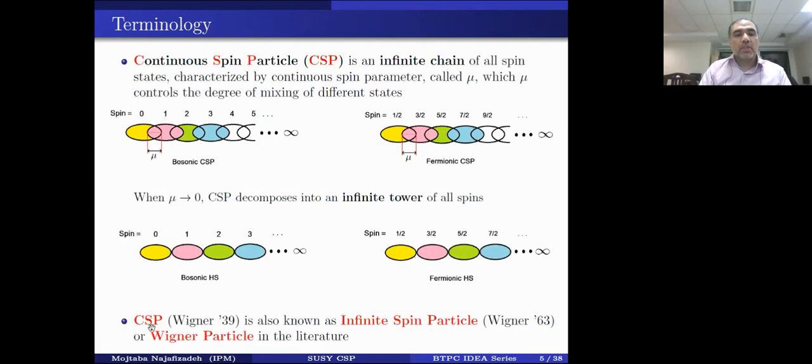Wigner called this particle continuous spin particle, in short CSP, in 1939, but later in 1963, he called it the infinite spin particle. This is why in the literature you will see both names, continuous spin or infinite spin particle. Some people also use Wigner particle in their papers, but let me call it CSP in this talk.